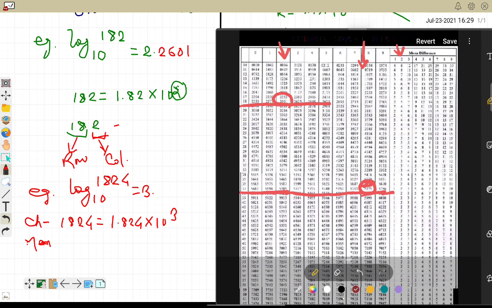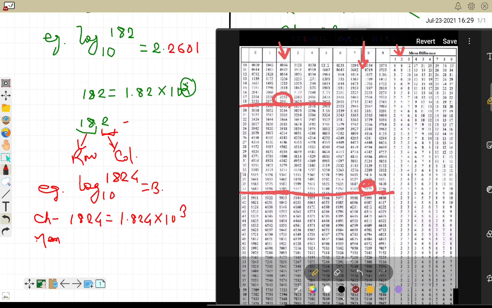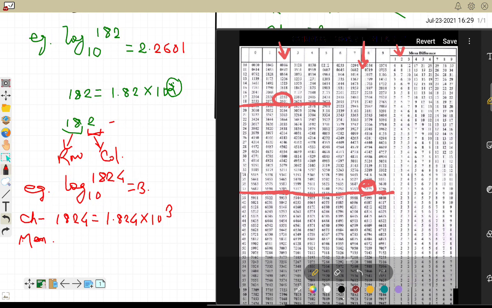So how can we find the value of the Mantissa for 4 digits? We start from here. Our complete number is 1824. So write first 1, 8, 2 and 4. Listen carefully.